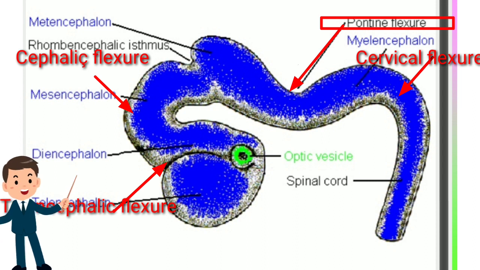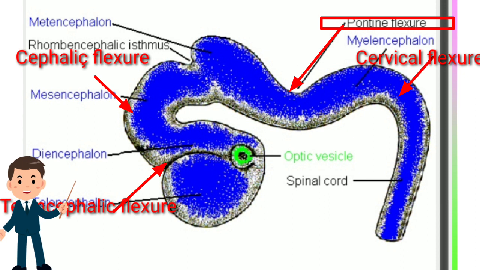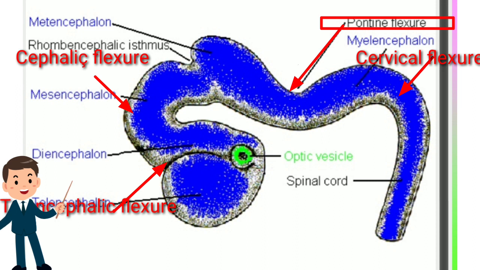It makes a 90-degree angle. The cephalic flexure occurs in the region of the midbrain. It is concave ventrally. The pontine flexure at the junction of myelencephalon and metencephalon is convex ventrally. Next, the telencephalic flexure at the junction of telencephalon and diencephalon.